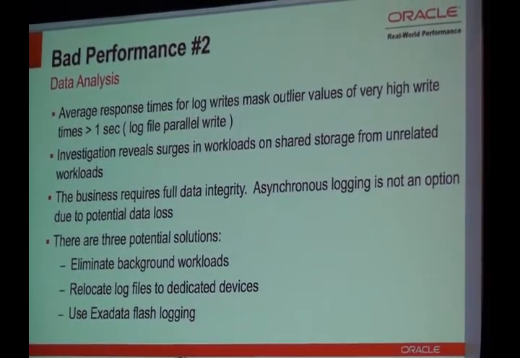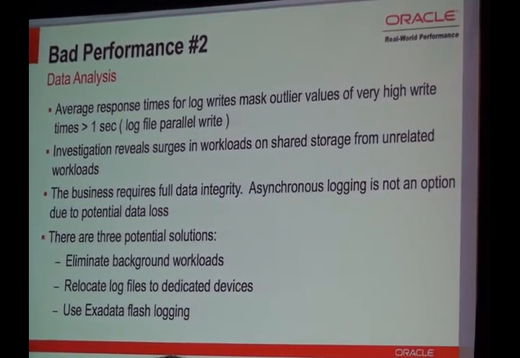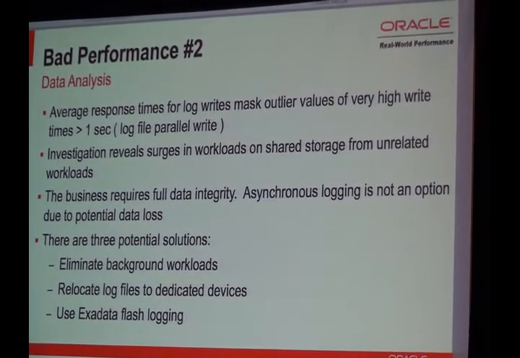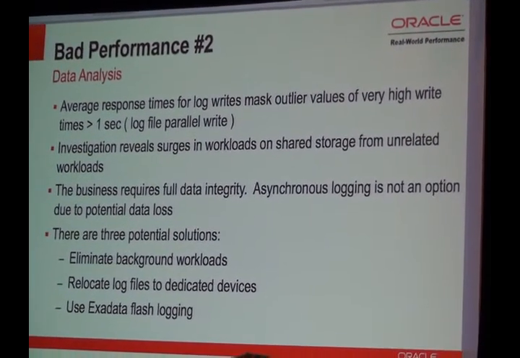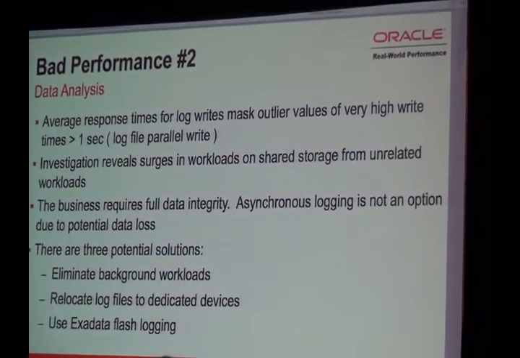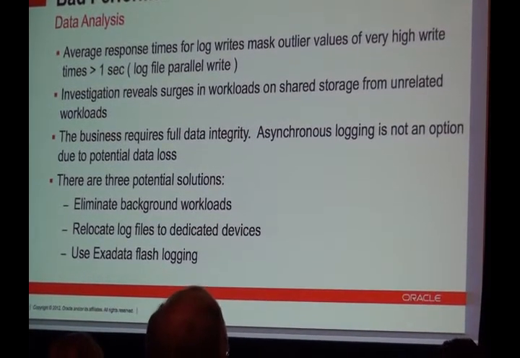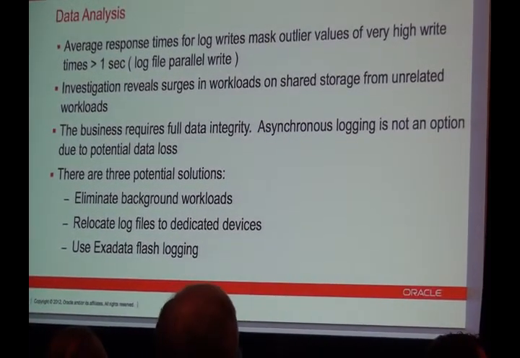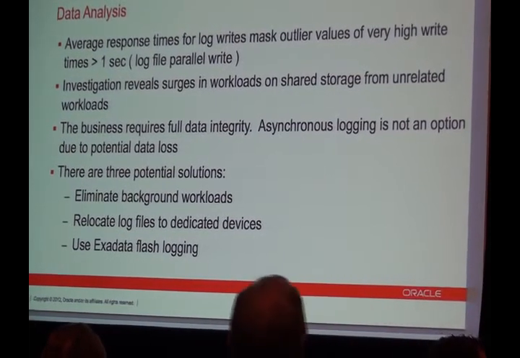Perhaps Graham or Robert, you'd like to go through what you saw at a database level as if you were going to write a report. Okay, so basically the key thing was that during the core performance times, we were seeing lots of these outliers in log file parallel write, which was leading to a much bigger number of outliers in log file syncs.